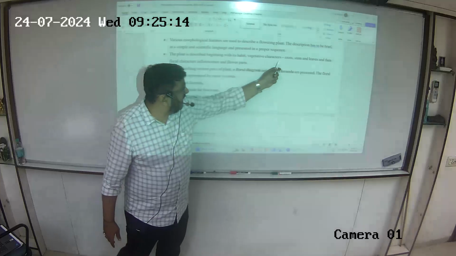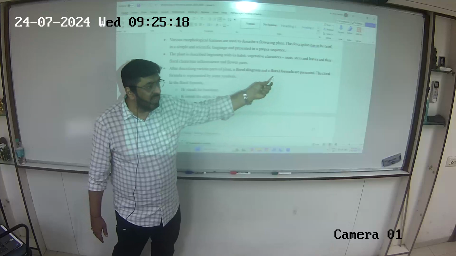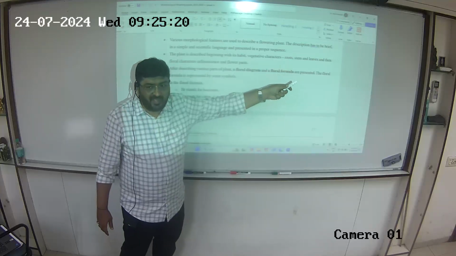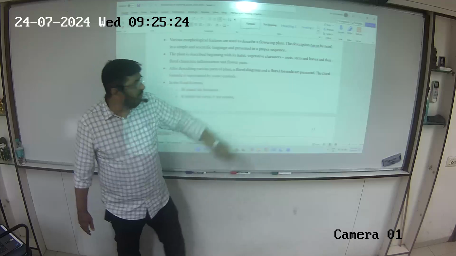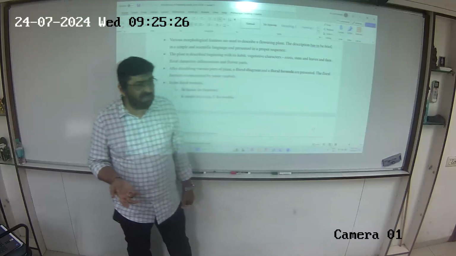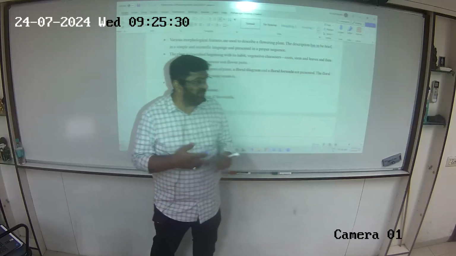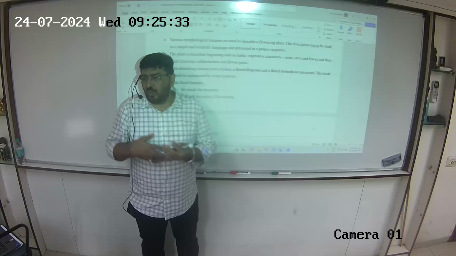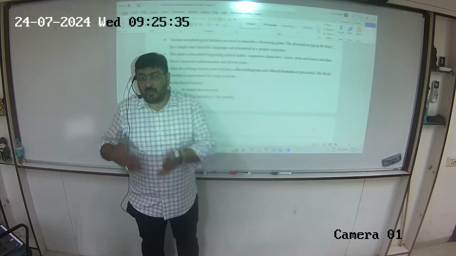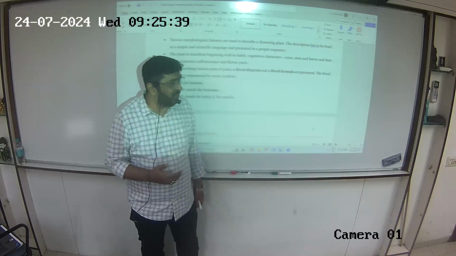Then comes vegetative characters. What are vegetative characters? What is the root like? What is the stem? What is the leaf? Have you studied the morphologies of all this? Yes. Right? So for root we do know what is a taproot or an adventitious root. For leaf we know about phyllotaxy, what the venation is like, the type, simple or compound. Now if compound, it can either be pinnately compound or palmately compound.